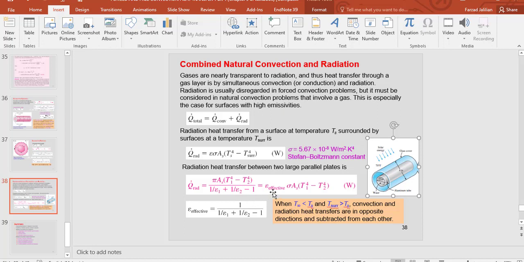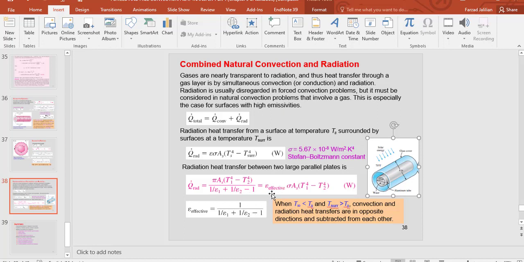Then this part, which is a new part, we can rewrite like this as the effective emissivity. As you know, the radiation heat transfer is extensively dependent on the emissivity of the surface.